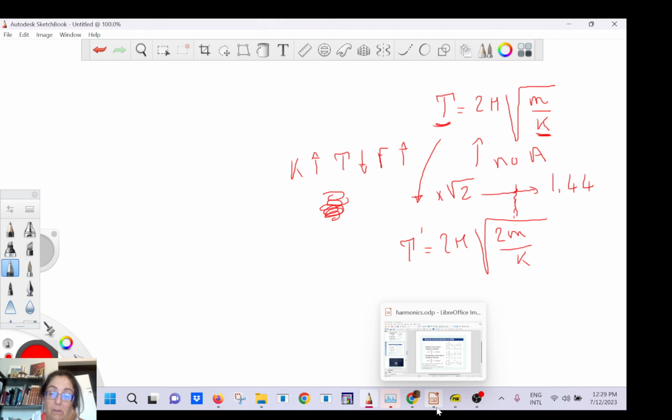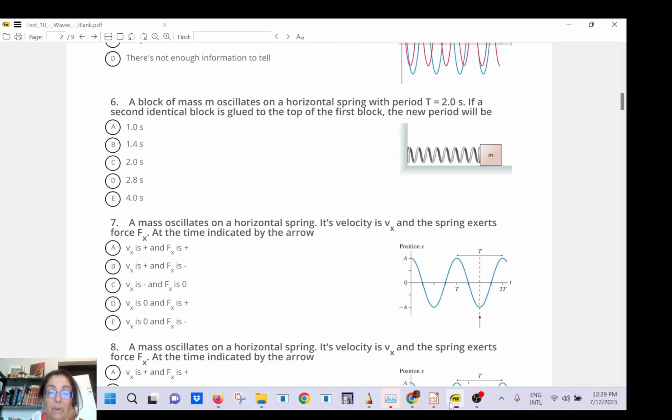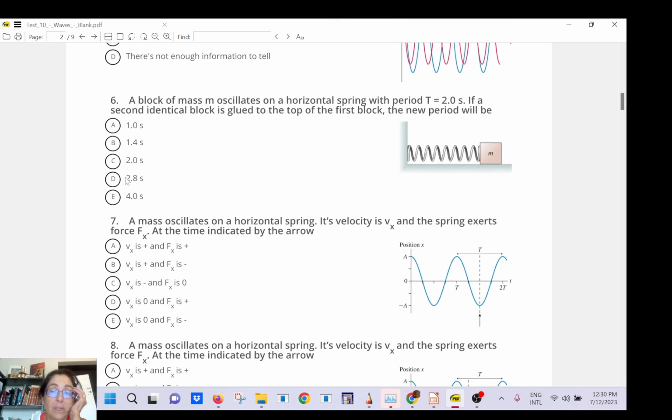We discussed those type of problem before, right? So 1.44 times 2, of course, you're going to get 2.88. So it's going to be about that answer here.